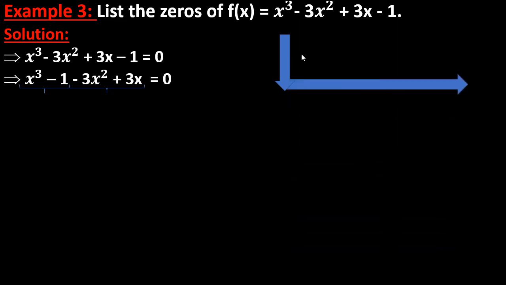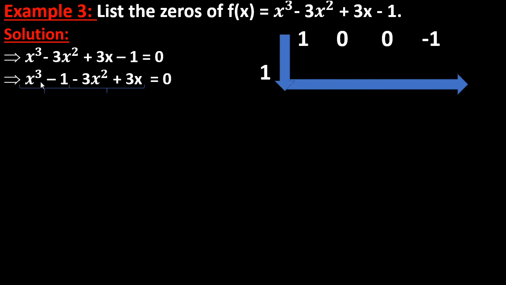So I'm going to write down the coefficients of the whole expression. 1 is the coefficient of the degree 3 term, but we don't have degree 2 and degree 1 terms, which means their coefficients are 0. So I'm going to write down zeros, and minus 1 is the constant term. So let me write down minus 1 here, and I'm going to write down 1 here, because we just considered x minus 1 as a factor of this one.